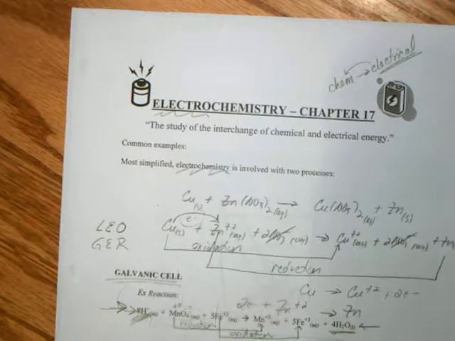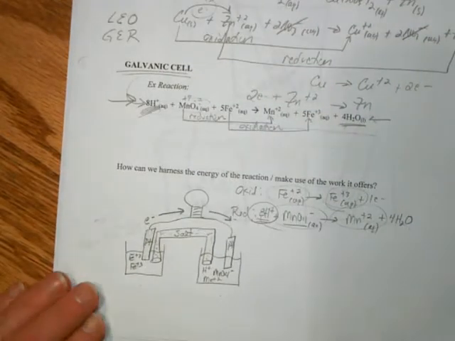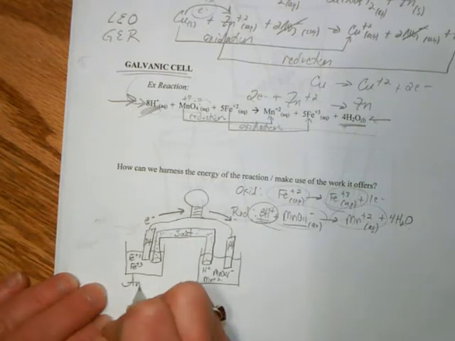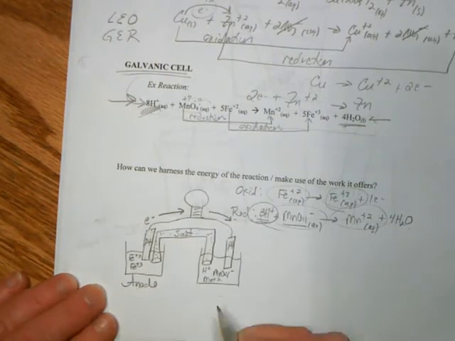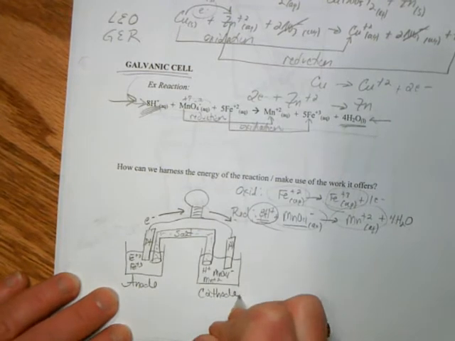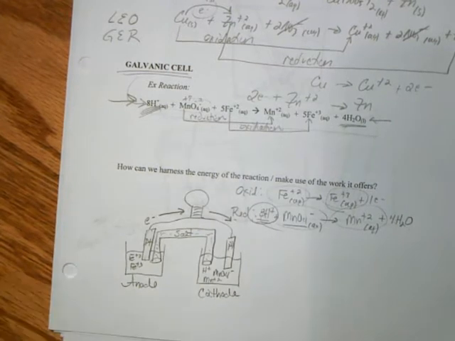So, going back to our cell diagram, this is where the anode is, where the oxidation occurs, and the cathode, and the electrons will flow from the anode to the cathode. That is it for the end of the diagramming of a basic voltaic cell.